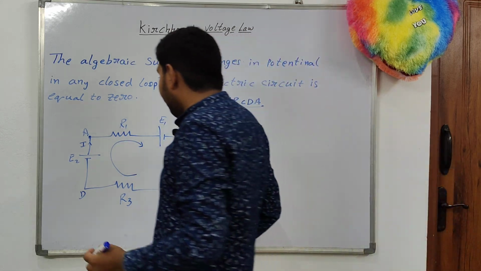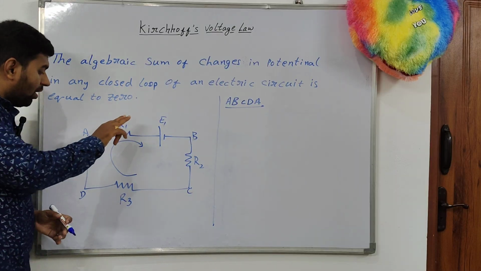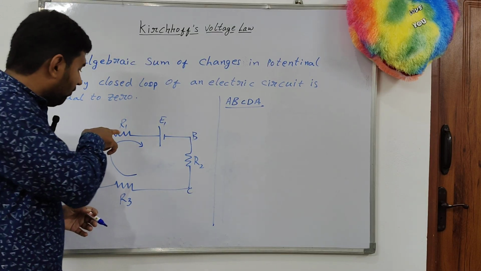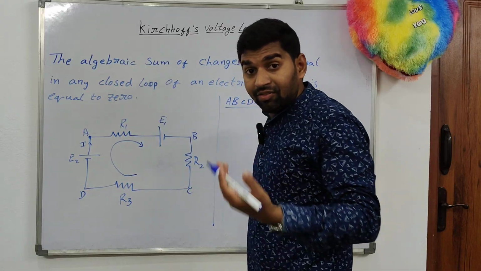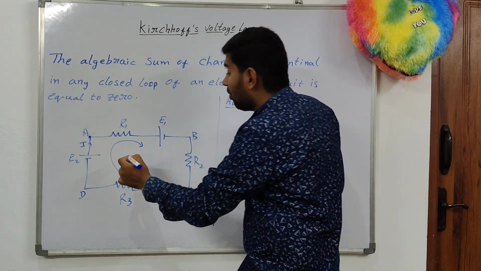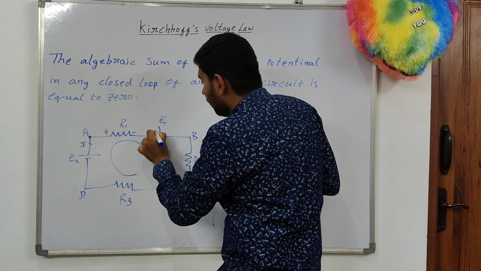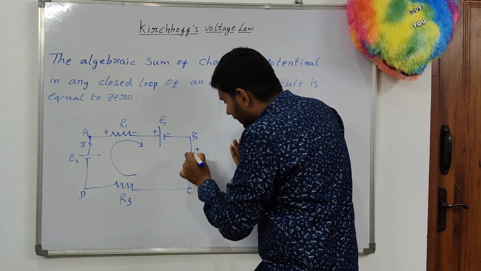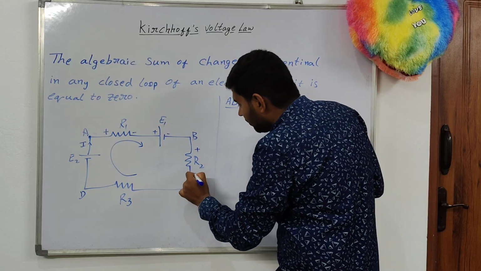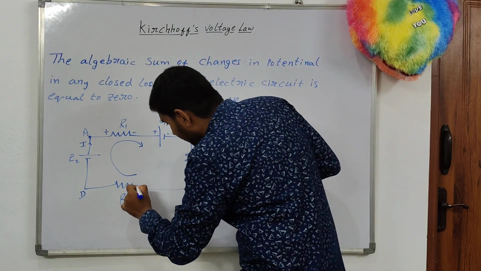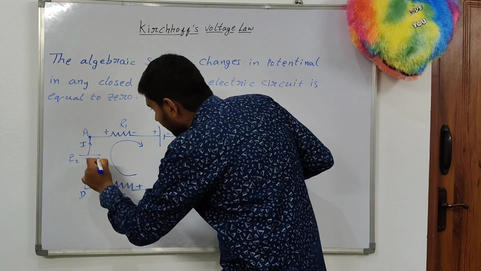It is clear. If I am moving through the resistor, what will happen? We know that current always flows from higher potential to lower potential. Let us assume this is the higher potential and this is the lower potential. This is the positive terminal, this is the negative terminal. Here also, higher potential to lower potential, plus to minus.